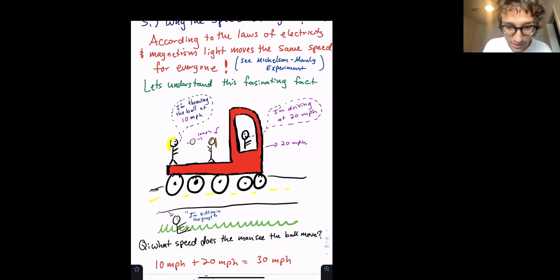Someone is connected to the Doppler effect. Yes, there's a Doppler effect for waves, but the Doppler effect for light manifests itself a little differently. With air, the waves would change speed.